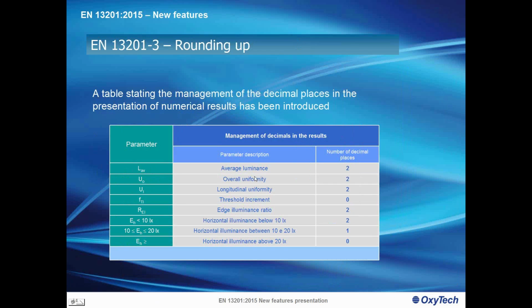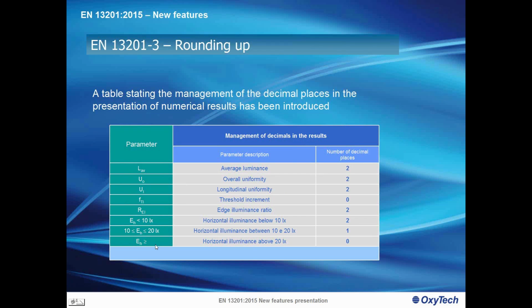So in this case, we can see that the average luminance must consider 2 decimals, also for the overall uniformity and the longitudinal uniformity, while for the threshold increment, we have to consider no decimal, while for the edge luminance ratio, we have to consider 2 decimals.